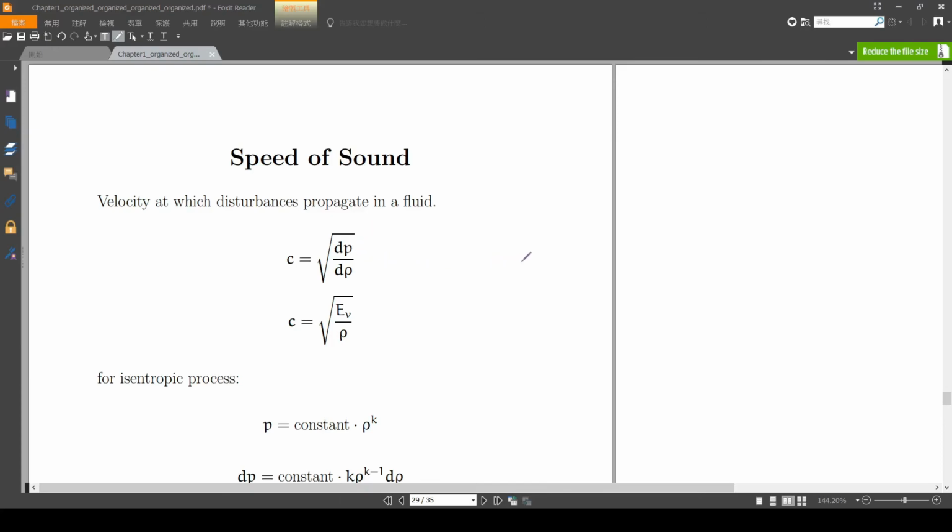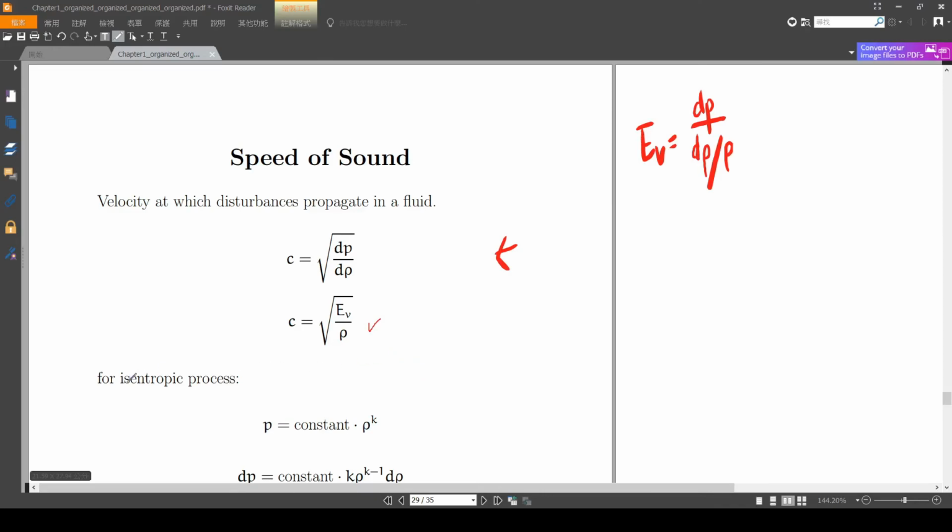And according to what we have learned in the bulk modulus, the bulk modulus is equal to the change of pressure over the change of density over the original density. So with this definition, we can substitute the relation in it and get the speed of the sound in another form like this.